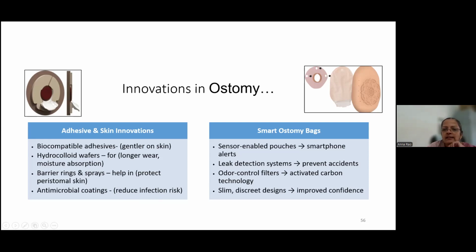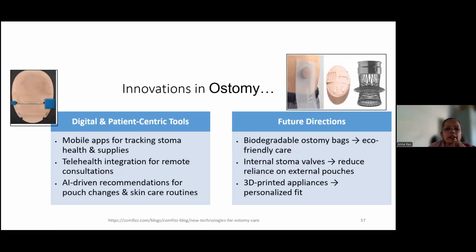Smart ostomy bags, as I told, come with a sensor, and you can see personalized bags. An outside person will not come to know, once the bag is covered with this covering. It looks beautiful also, so that helps. Odor control filters are also coming. Then digital and patient-centric tools are also available.